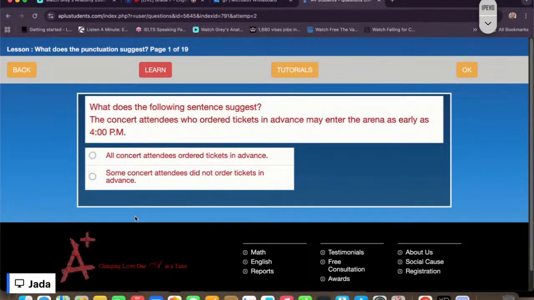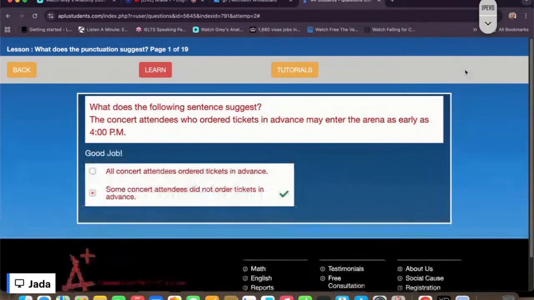All right, so some concert attendees did not order tickets in advance. Okay, that's what the sentence suggests.